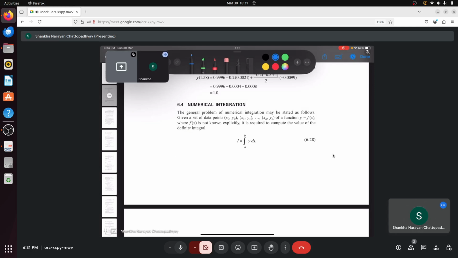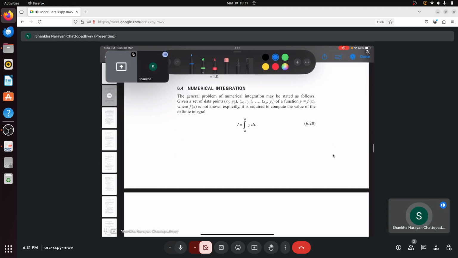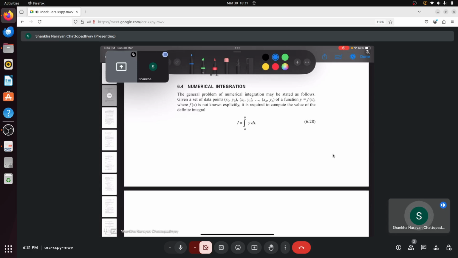So what happens? The general problem of numerical integration may be stated as follows. Given a set of data points, just like interpolation, you have a set of data points x0, y0, x1, y1 and xn, yn of a function y equal to f(x), where f(x) is not explicitly known. It is required to compute the value of the definite integral I equal to integral from a to b of y dx.